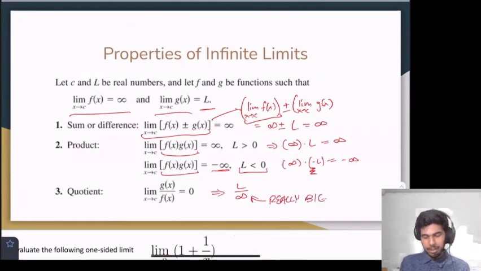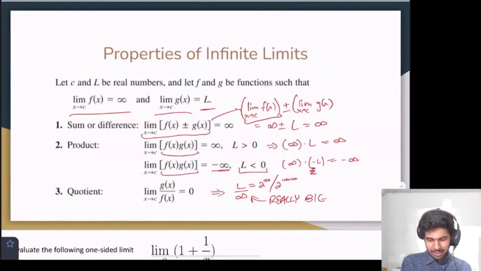So it doesn't really matter what L is, because we're dividing by such a huge number. Like if L is 2 to the 100, infinity is infinity. If you divide 2 to the 100 by, let's say, 2 to the 1 million, which isn't even close to infinity, you'll see that this nears down to 0, it approaches 0. So when infinity is really, really big, it doesn't matter what the numerator is, it's going to be 0.